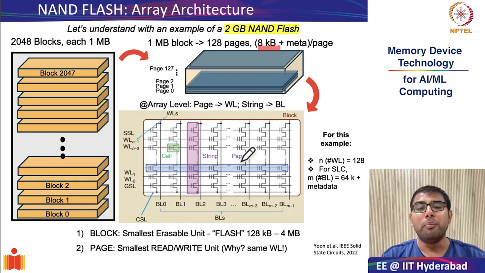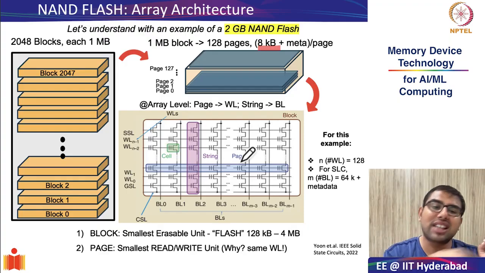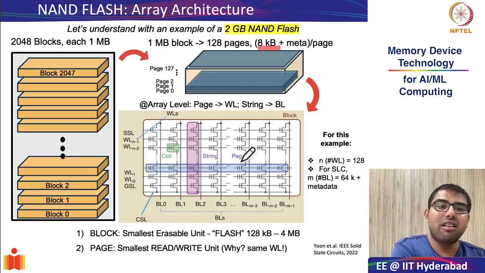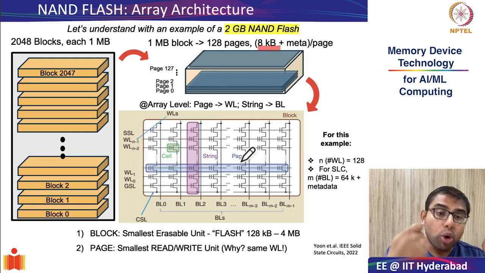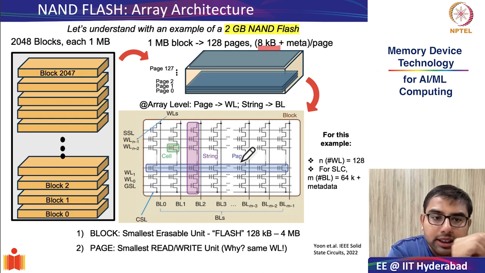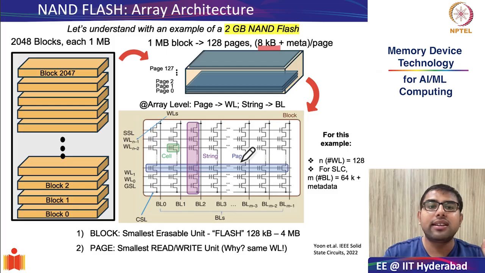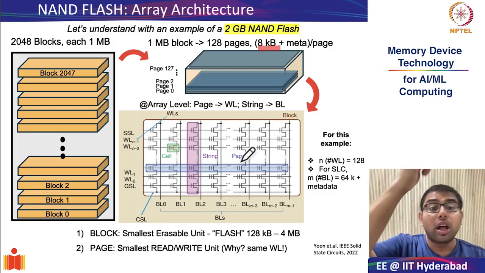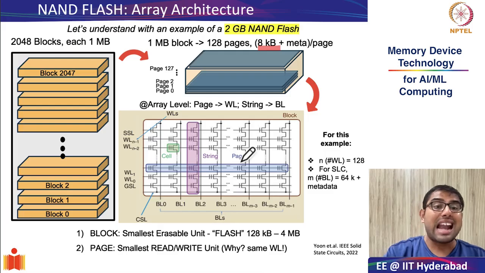This is the case because one particular page constitutes an entire word line. So when you program and read out data, it happens at the level of the page. Whereas erase happens at the level of a block, program and read happen at the level of a page.